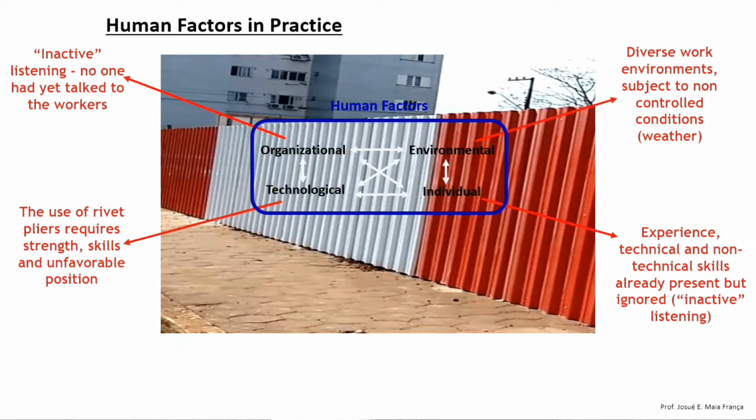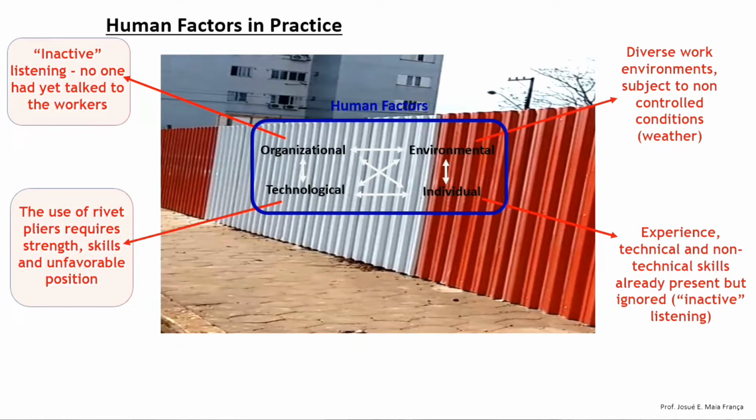Also, they work in different work environments, subject to non-controlled conditions, the weather, and the experience, the technical and non-technical skills present in all of the workers were ignored. This was inactive listening instead of active listening.